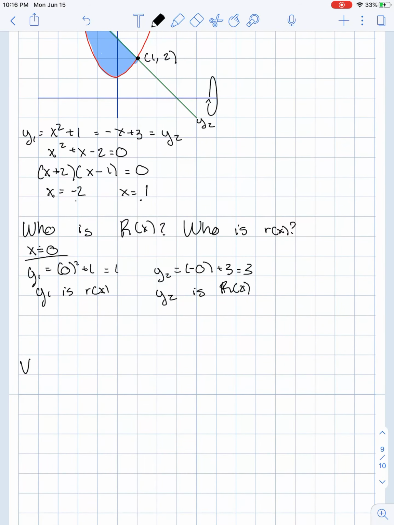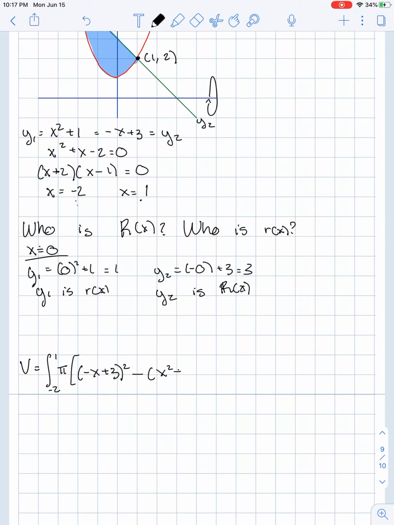All right, so now I can make my volume equation. Volume equals the integral from negative 2 to 1 of pi, and then big parentheses, big R of x is y2, so negative x plus 3 squared, minus little r of x, which is x squared plus 1.